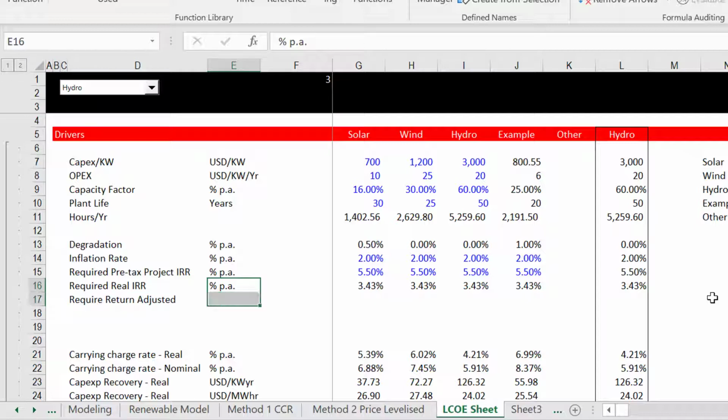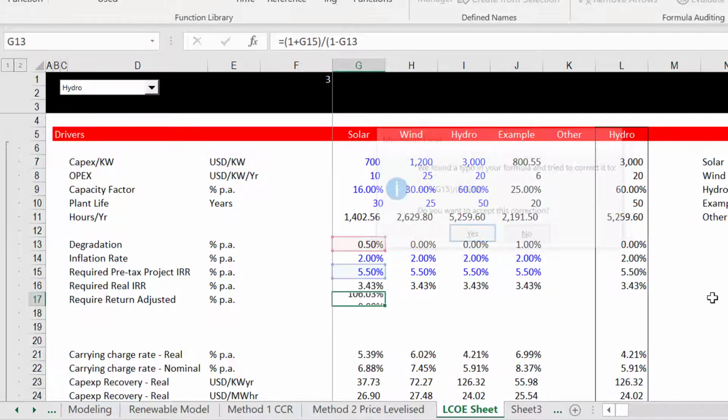Let's try it with one thing. So what we can do is kind of like we did for the inflation rate this time. Instead of making it lower, it'll be higher. We'll take 1 plus the 5.5% and then divide it by 1 minus the degradation rate, and then put minus 1.